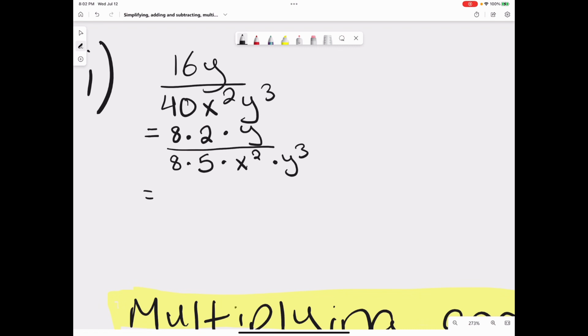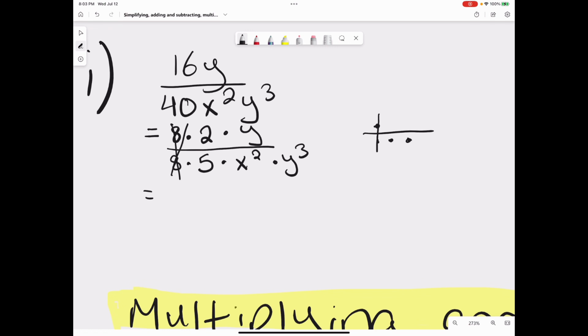Now, since we have these numbers in common, the 8 and the 8, we can cancel them out. And there is a y on top that is in common with the y to the power of 3 at the bottom. If we have one y on top, and then we have 3 y's on the bottom, these are considered common factors.